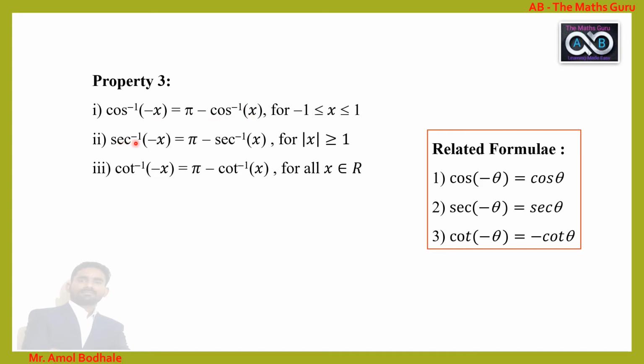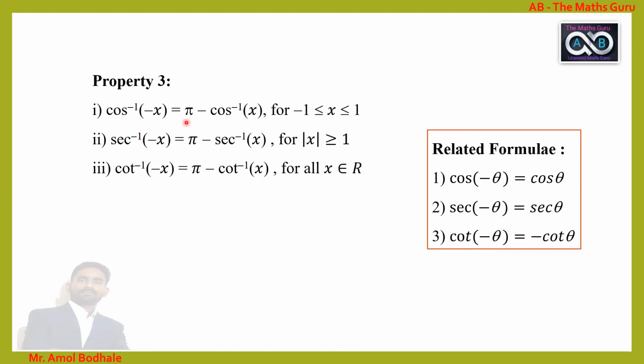Similarly, sec inverse of minus x as pi minus sec inverse of x. Here cot of a negative angle is minus cot theta, but still we have to write cot inverse of minus x is equal to pi minus cot inverse of x. So in this way we can remember this property.